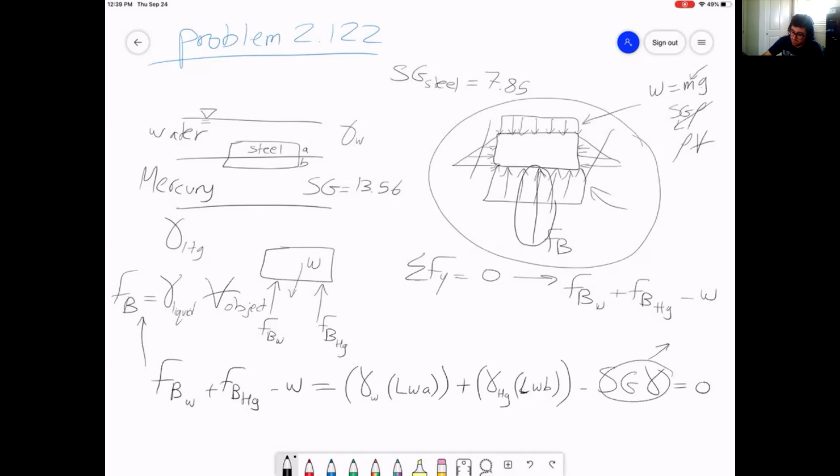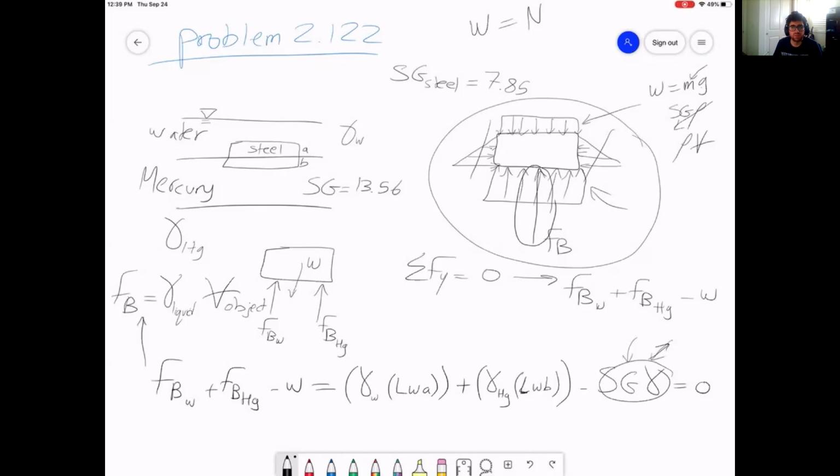What's the unit for weight? It's newtons, it's a force. If you multiply SG times specific weight, what's the unit for SG?